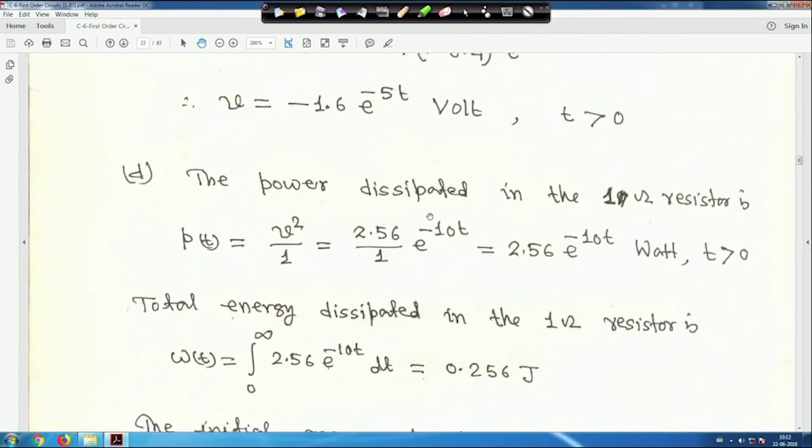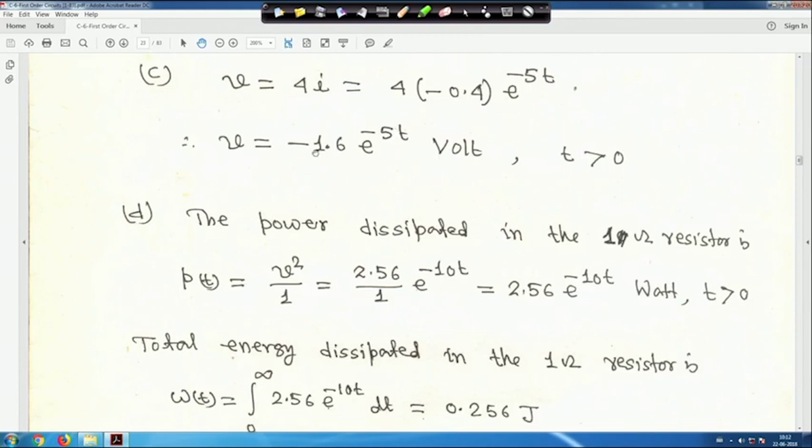Next, the power dissipated in the 1 ohm resistor is Pt equal to V square by R, where R is 1 ohm. V square is 1.6 square, which is 2.56, so 2.56 e to the power minus 10 t watt for t greater than 0.